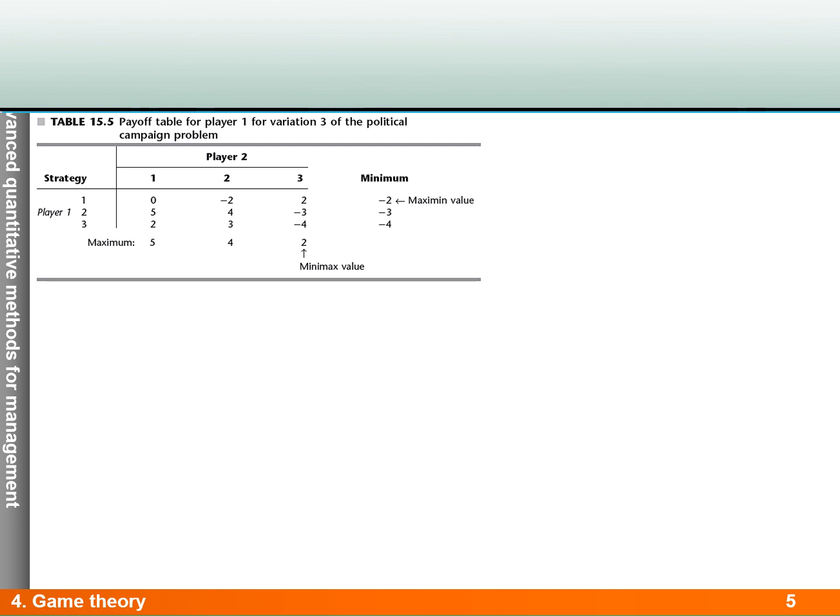So guys, in this slide, we review the example of the variation tree that we had in the previous slides. As you see in this table, as we checked, there is no saddle point. It means that there is no pure strategy for this game, so we need to apply mixed strategies.